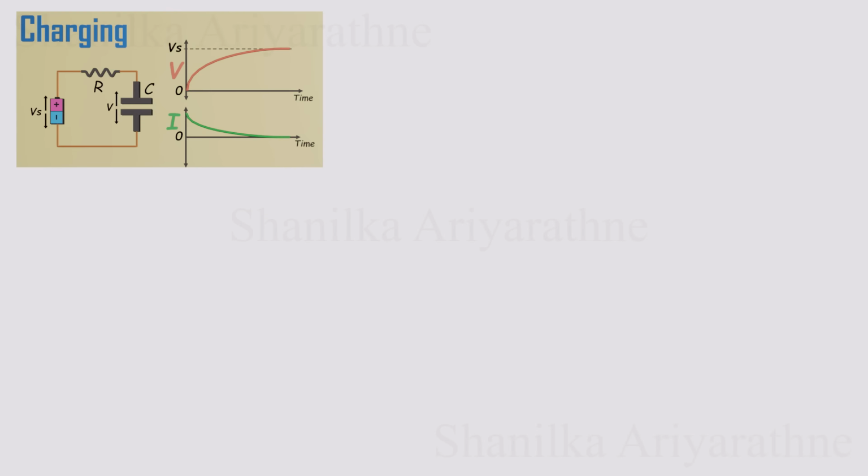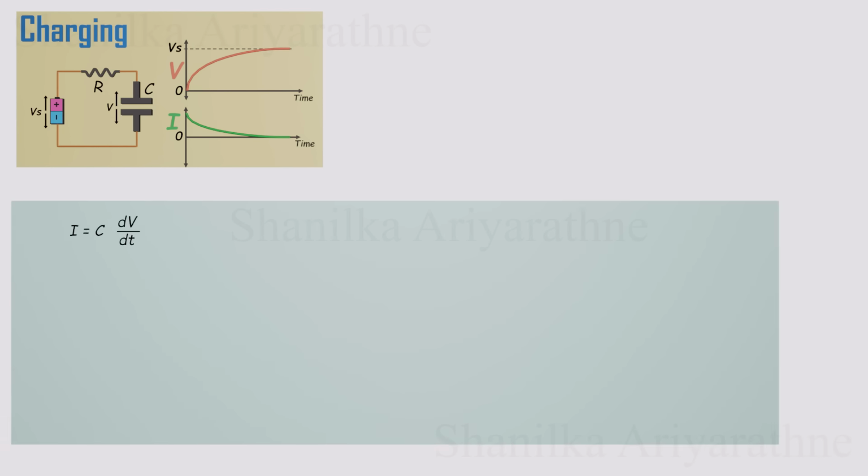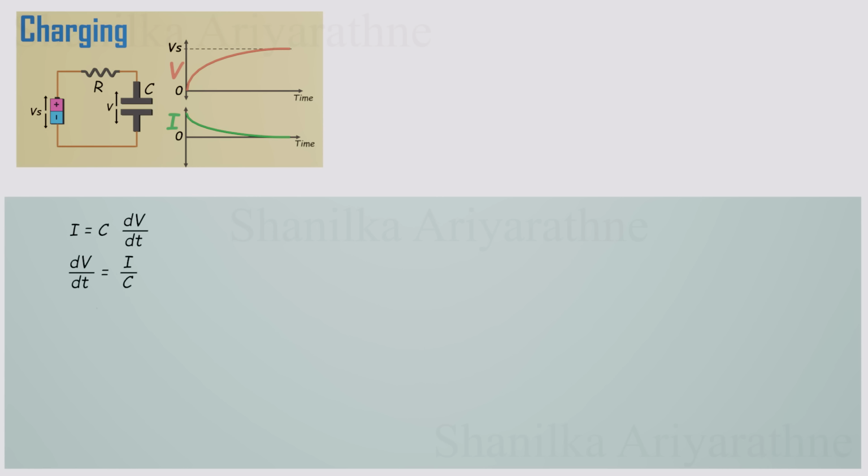Now let's do the same thing for a charging capacitor. This time, we don't need to make the current negative, because now the voltage is increasing as the capacitor charges. But there's a small difference we have to be careful about. When we apply Ohm's law, the voltage across the resistor is not just the capacitor's voltage. It's actually the difference between the supply voltage and the capacitor's voltage.